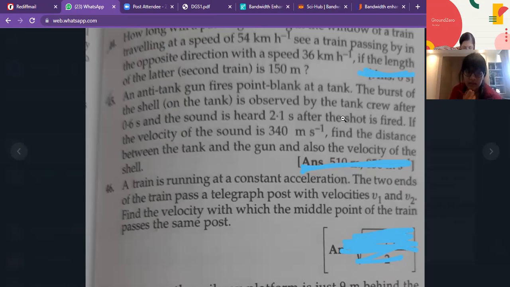46. Root over V1 square plus V2 square, upon 2. Yeah, that was simple.